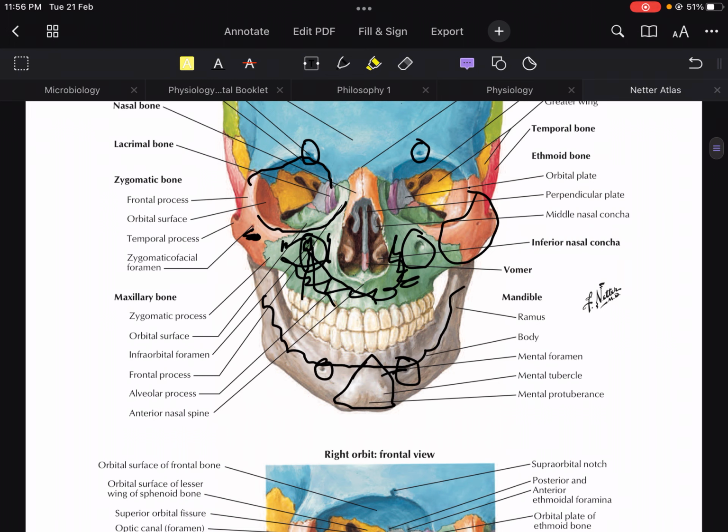It's about this bone. Also in the middle part of the face, we have the nasal cavity. Inside the nasal cavity, we have the bone. This is the nasal septum. In the continuation of this septum, we have another bone, the vomer, this pink one.